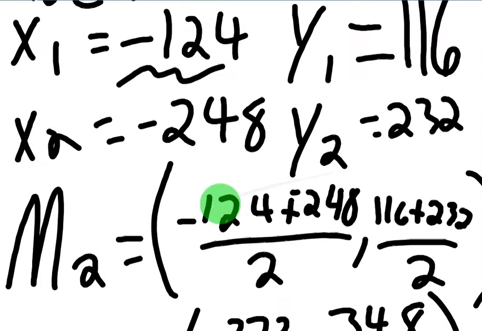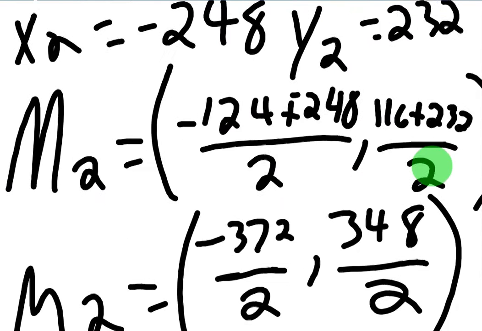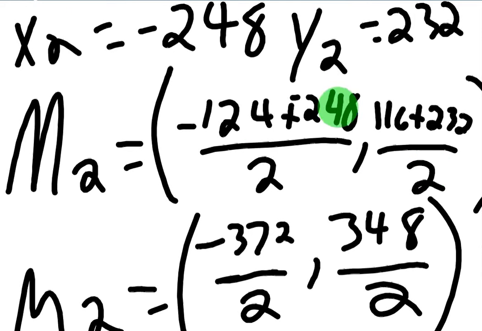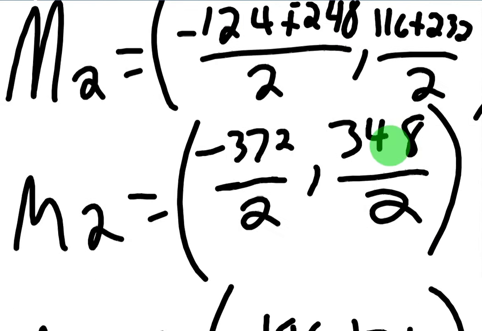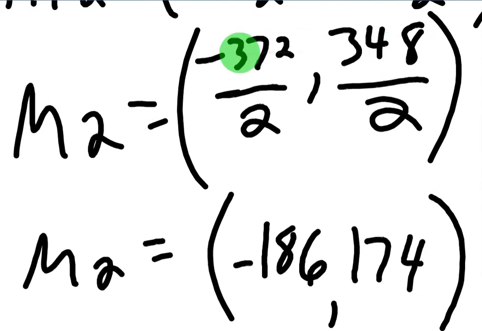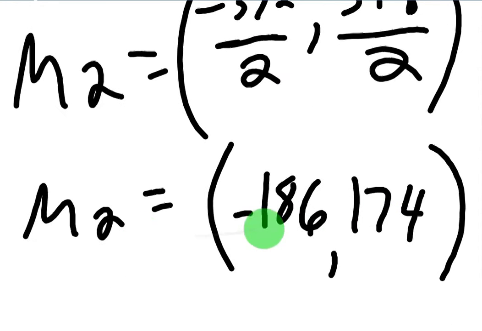So we're going to do x1 plus x2 over 2, y1 plus y2 over 2. x1 plus x2 is negative 372, and then 116 plus 232 is 348. So negative 372 over 2 is negative 186. 348 over 2 is 174. That's our second midpoint.